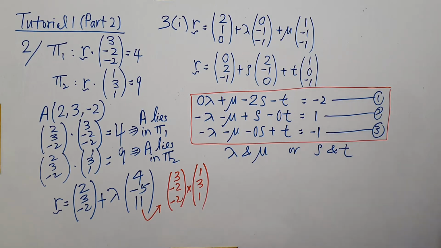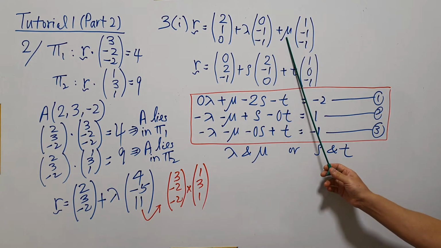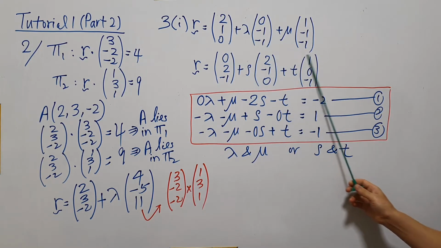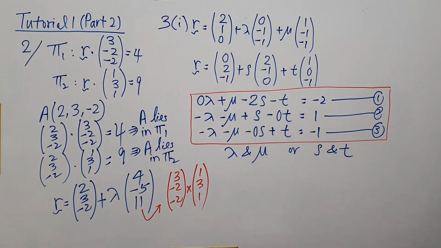The whole idea is that if I'm able to write mu in terms of lambda, by plugging into here, I can collapse this into an equation of a line, and this line then serves as the line of intersection between the two planes.